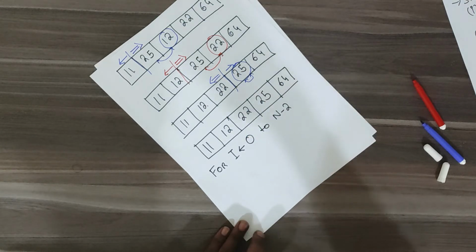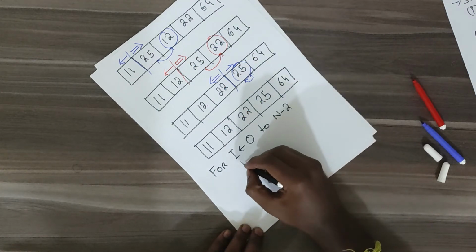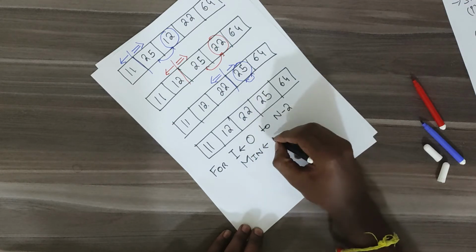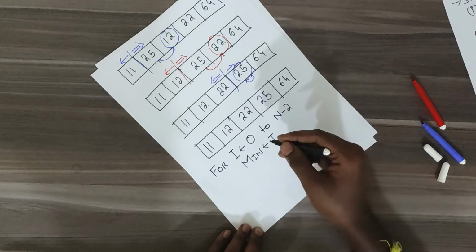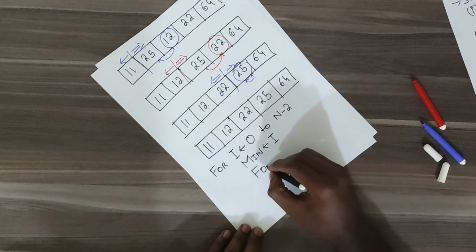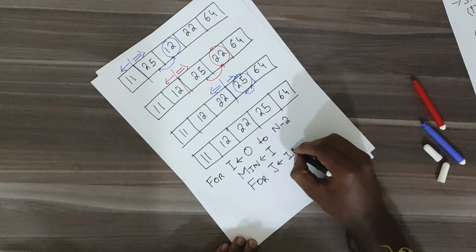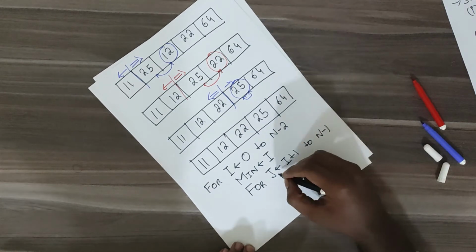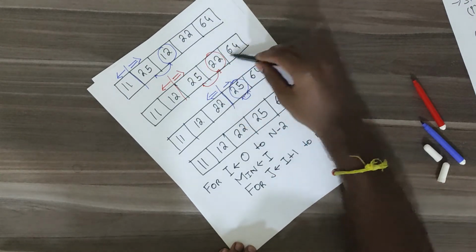That is, from the first element to the last but one element of the array, we set min equal to i, stating that the first element of the subset would be the minimum element. Then again we have to write the for loop for j equals i plus 1 to n minus 1. So this j loop is running inside the subset of the array.